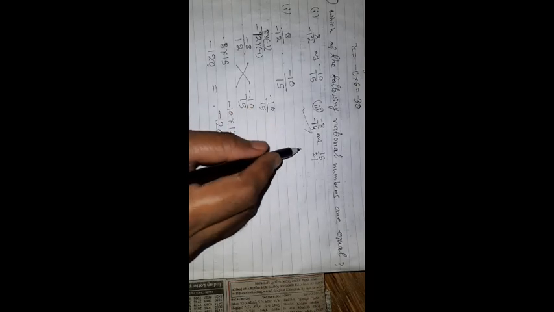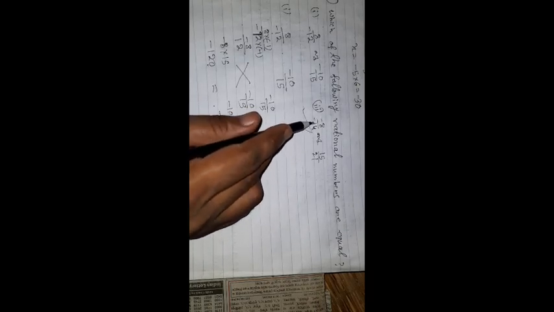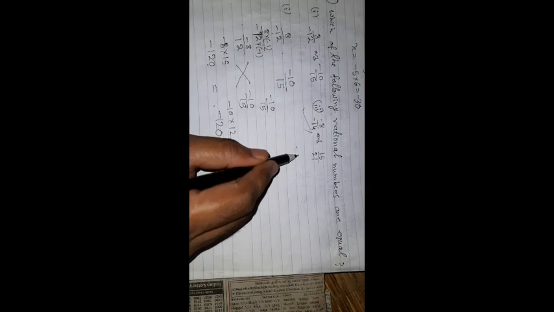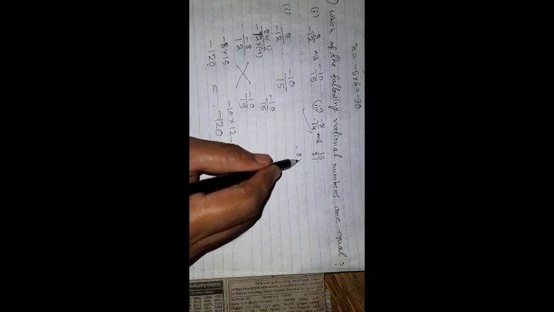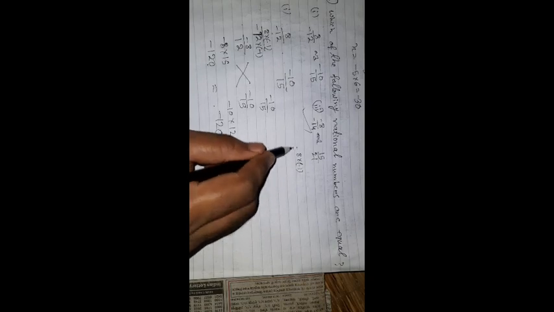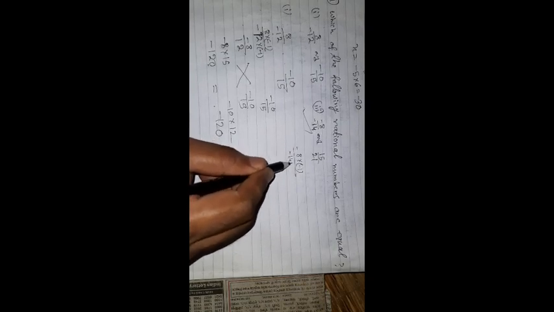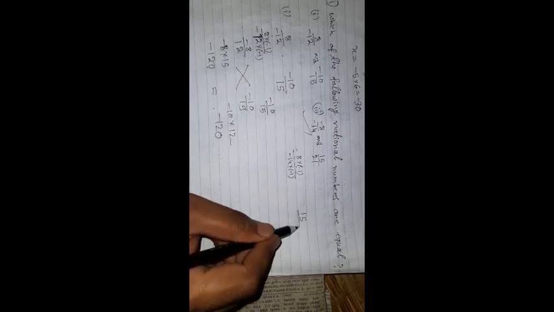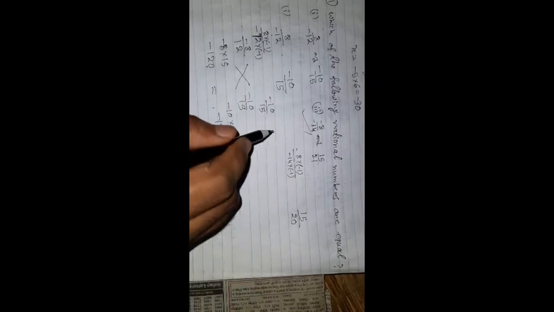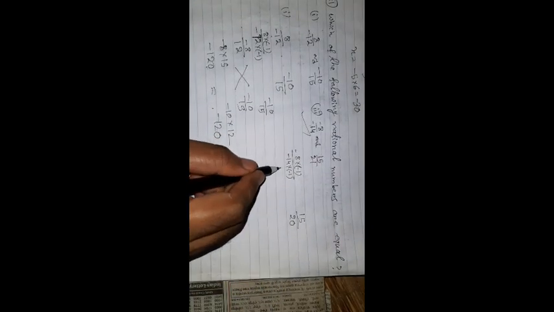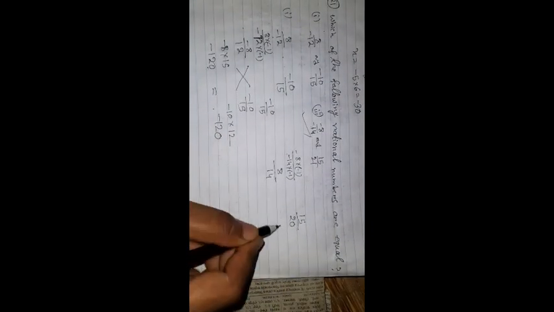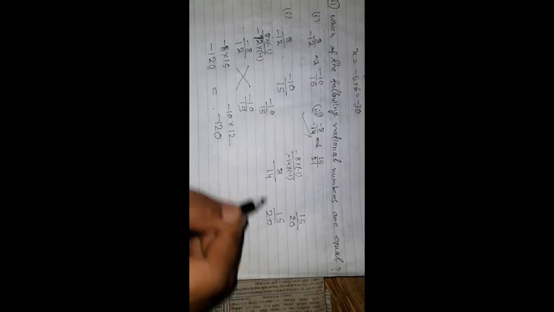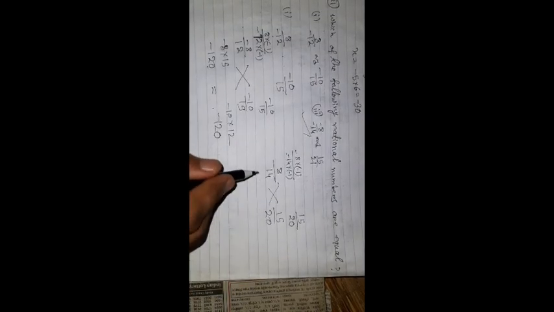So the first rational number has a negative denominator. So first we convert the negative denominator into positive denominator by multiplying by minus 1. And the second rational number has a positive denominator. So we have nothing to do. Next we do cross multiplication.